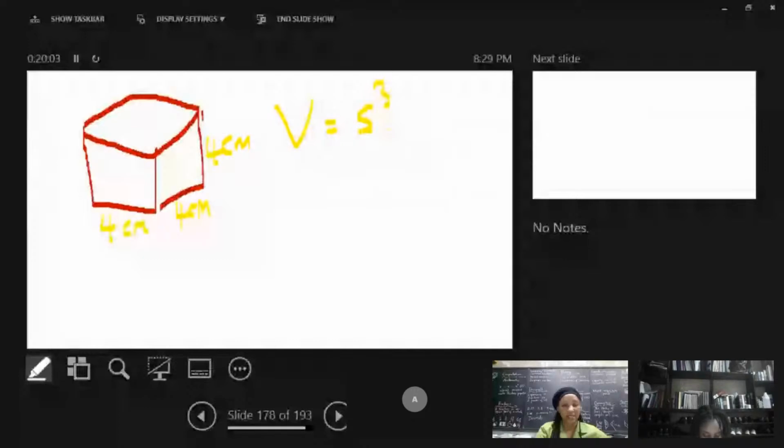Here we have 4 centimeters times 4 centimeters times 4 centimeters, which would give what? What's 4 times 4 times 4?